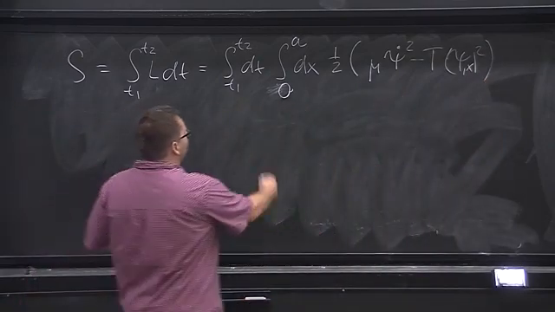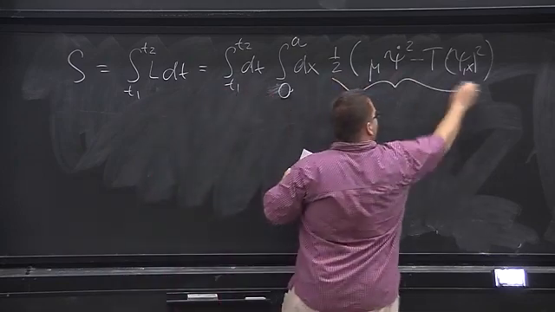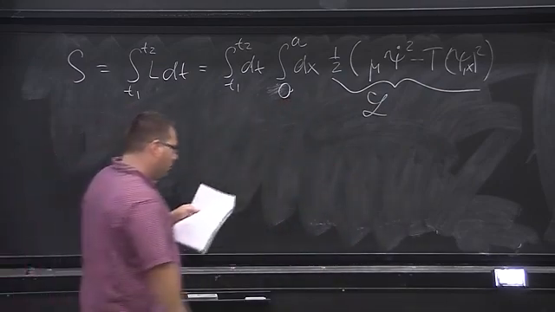And of course, you always write it as an integral over dt and dx. And this you call the Lagrangian density.